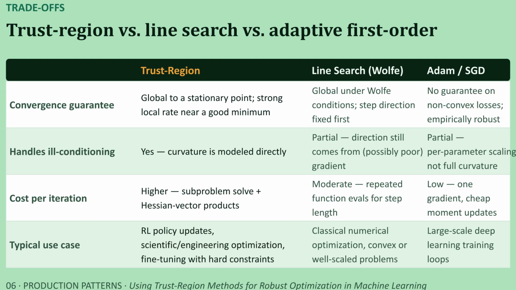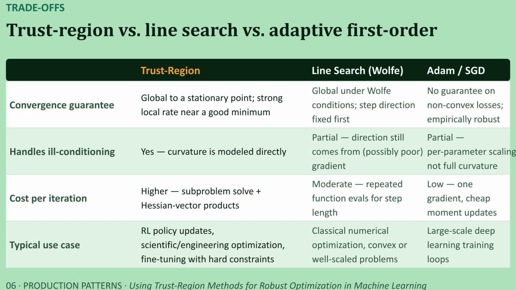Line search under the Wolfe conditions has similar global guarantees, but it commits to a search direction before it even checks step length. Adam and SGD offer no formal guarantee on general non-convex losses, but decades of empirical success at scale speak for themselves. On ill conditioning, this is where trust region methods really separate themselves. Because the model explicitly includes curvature, a single step can automatically be long in flat directions and short in steep ones, with no manual per-parameter tuning required.